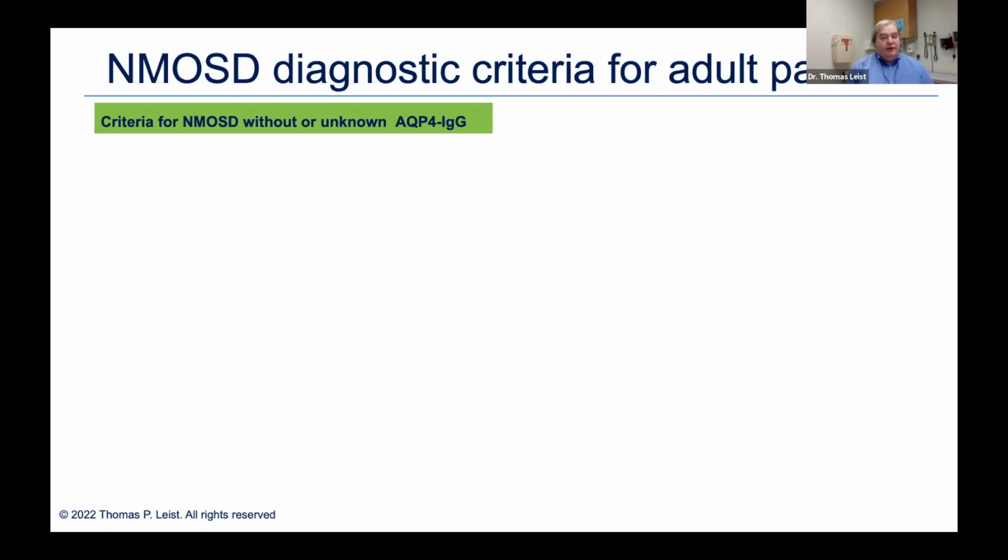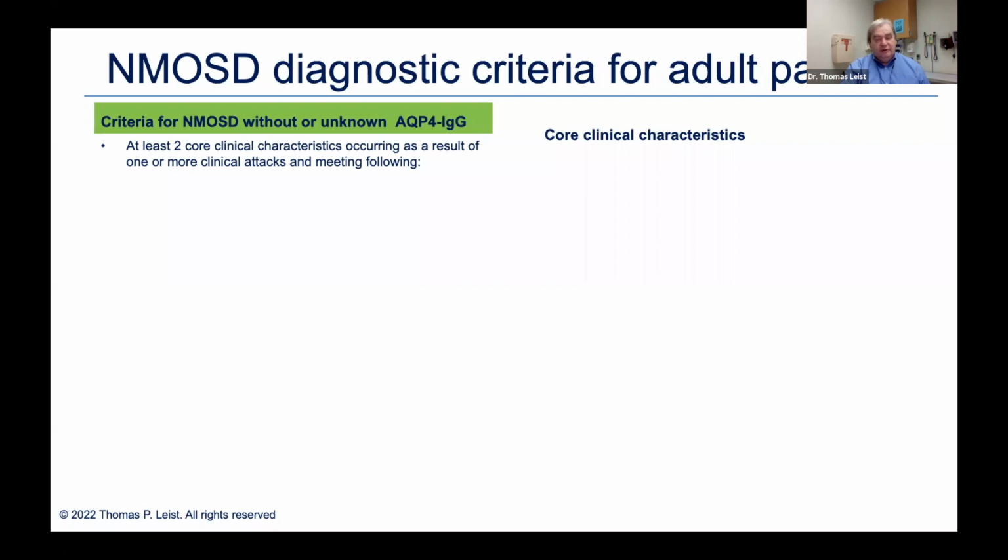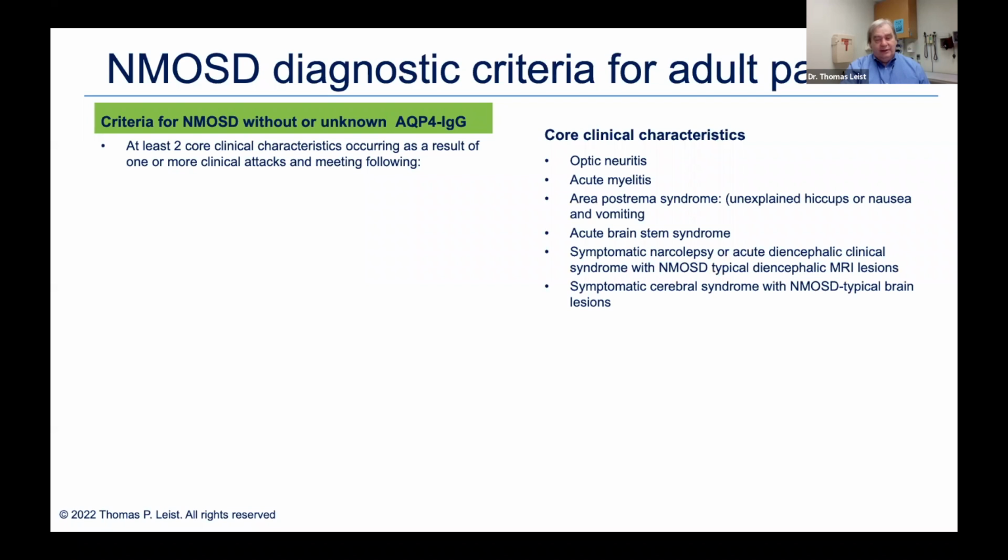When we have individuals that don't have the NMO antibody, the aquaporin 4 antibody, we need to be a little bit more stringent. There, the individuals need to have 2 criteria in order to diagnose them with neuromyelitis optica spectrum disease. You know already the core criteria.